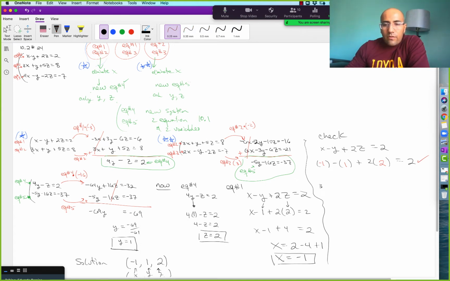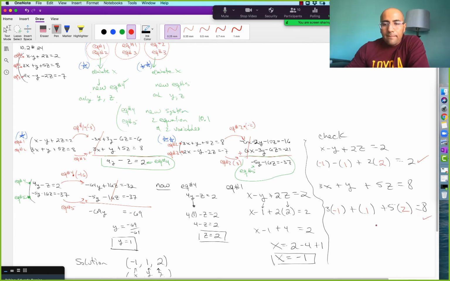Then we have 3x plus y plus 5z equals 8. So 3 times something plus 5 times something better be equal to 8. And let's make sure that this is in fact the answer. -1, 1, and 2. So that makes it -3 plus 1, that's -2. -2 plus 10 gives you 8.